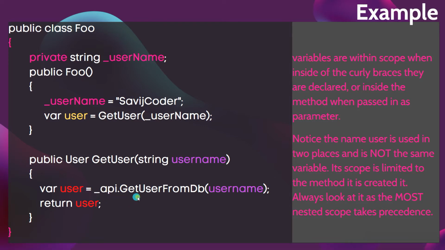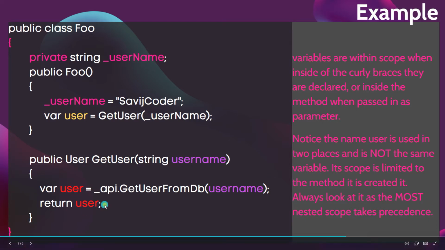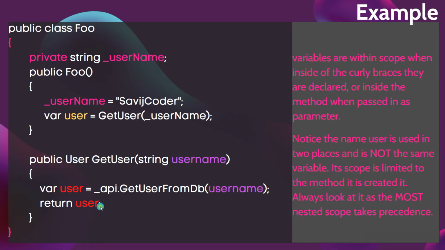Here we call underscore API.getUser from DB, and we pass it username, which would have the value Savage Coder. What we get back here is var user, and then we return the user object that we got from the database back to the caller.